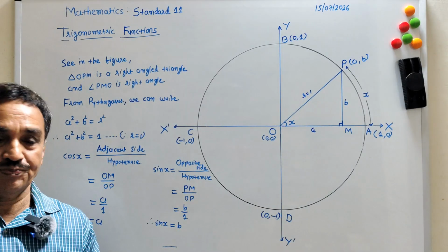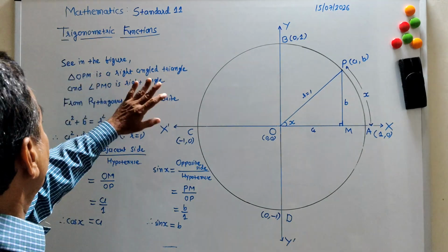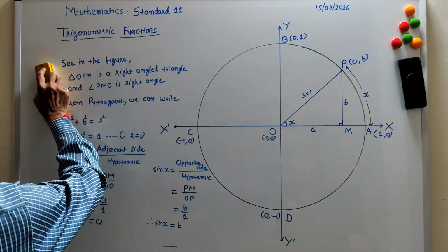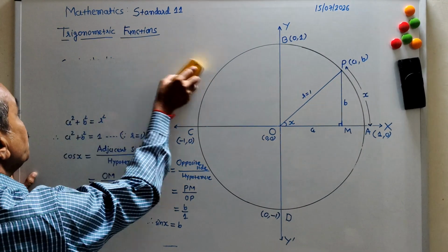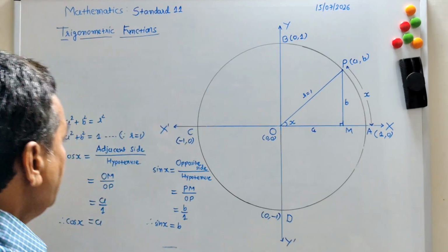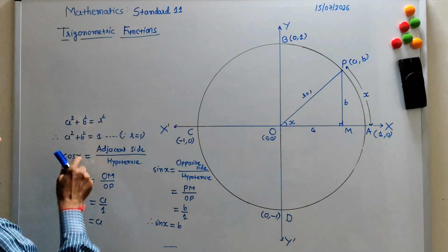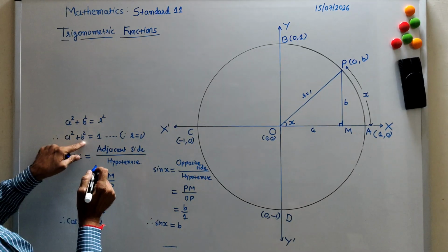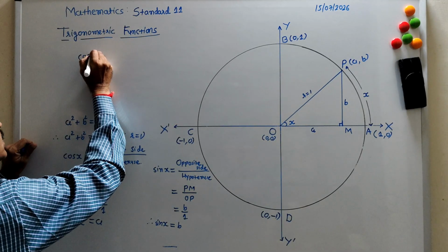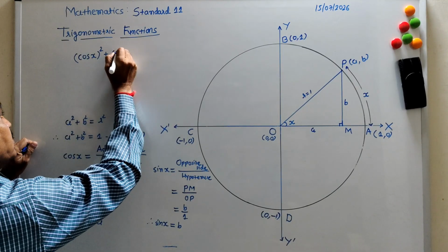I think you understand. Now I have to rub this side from here. So now see, put the value of A and B here. A square plus B square is equal to 1. So A is cos x, B is sin x.